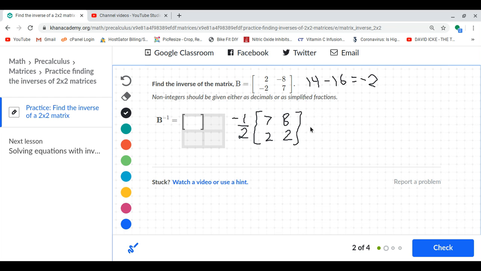And let's multiply the negative 1/2 out. The top left entry is going to be negative 7/2, or negative 3.5. Negative 1/2 times positive 8 is negative 4. Negative 1/2 times 2 is negative 1, and negative 1/2 times 2 is negative 1.